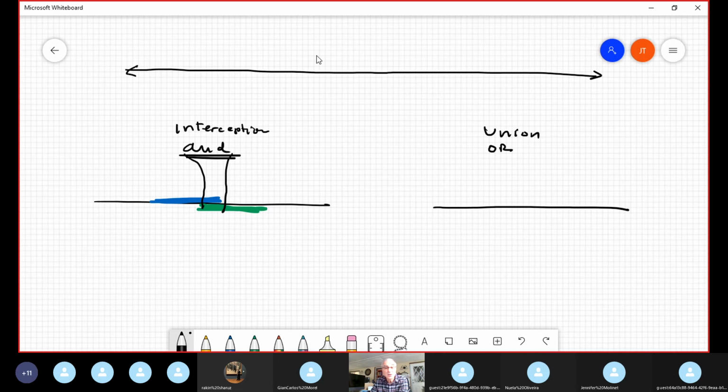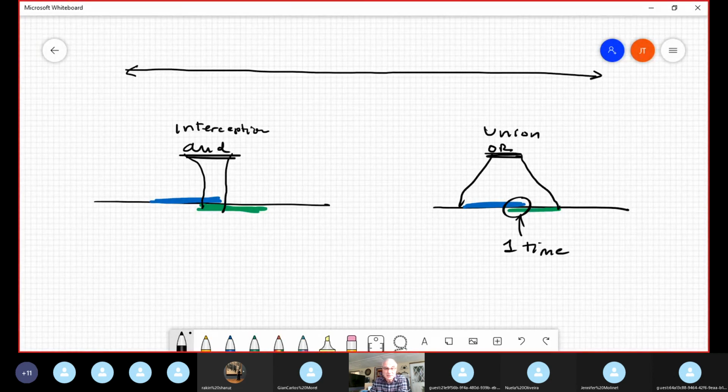Suppose again the same situation. We have one interval blue and one interval green. The or is everything together, like a plus, and that common part you count only one time.